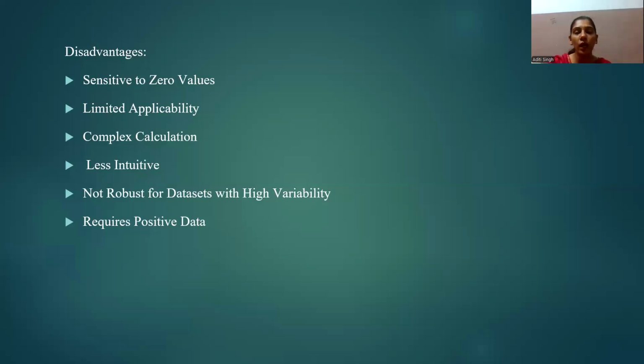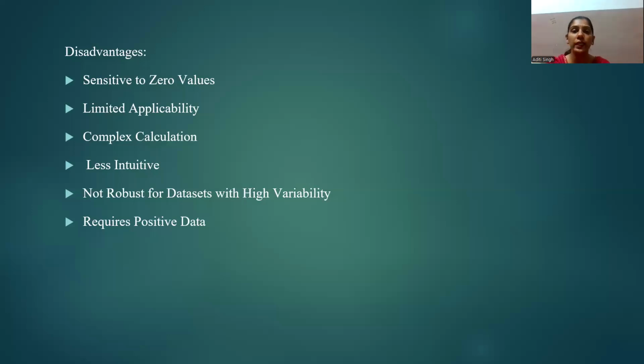Many people who are not familiar with the concept of harmonic mean cannot understand the procedure or the calculation of harmonic mean without proof or evidence. So there is a requirement of proof or evidence in the calculation of harmonic mean.